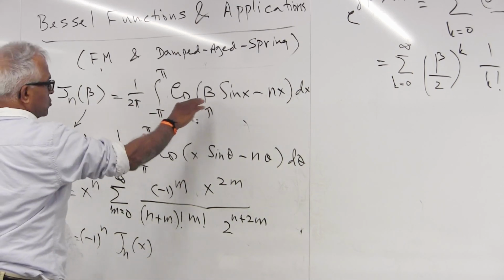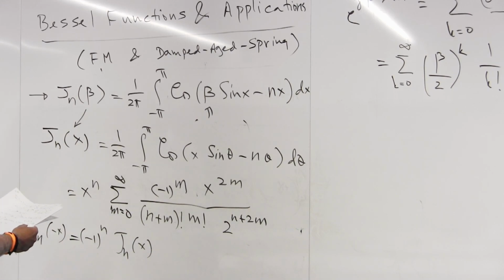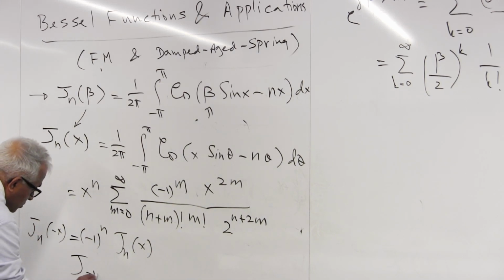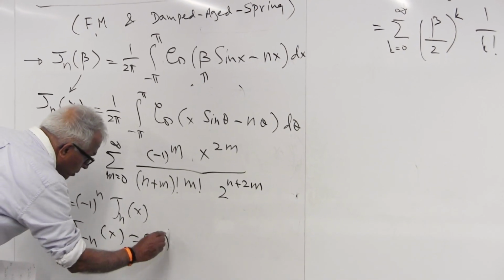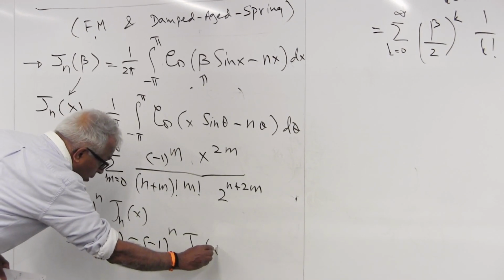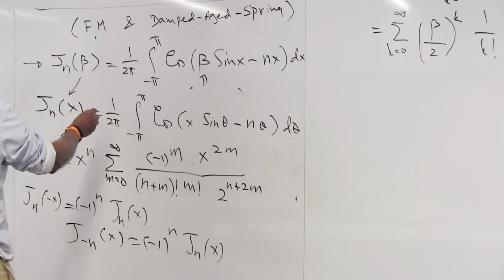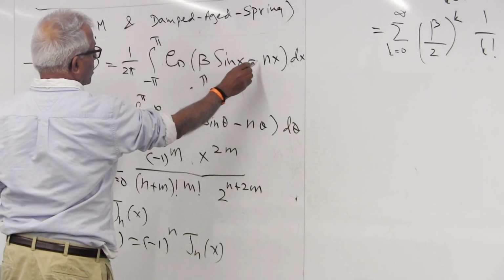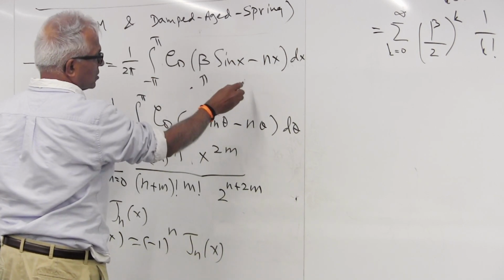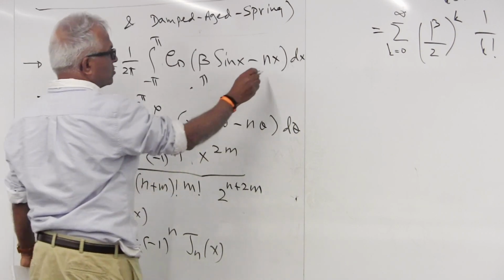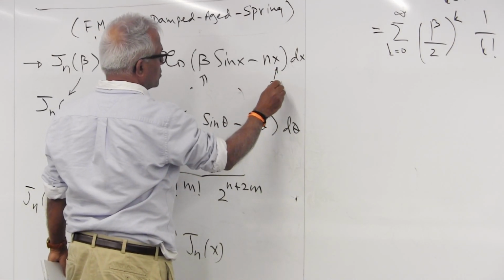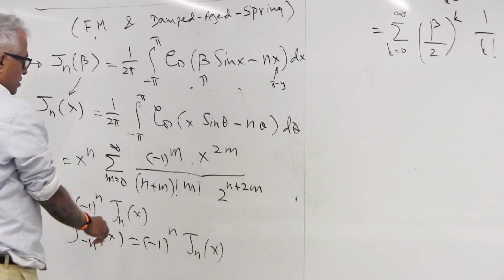You can see it from the integral also, but it's a little more work. And similarly, J minus n of x also is minus 1 to the power n Jn of x. To see that, it's possibly better to use this expression. If you put minus n, this will become plus. So define a new variable instead of x here, pi minus y, and rearrange, you will get this expression.